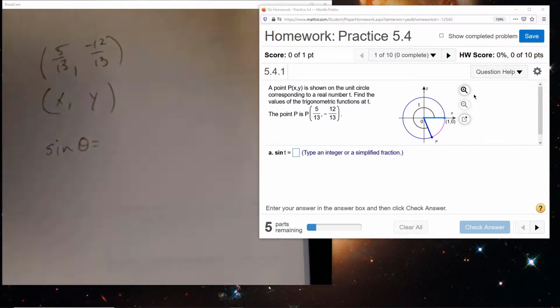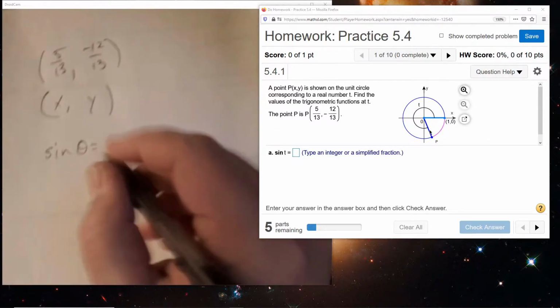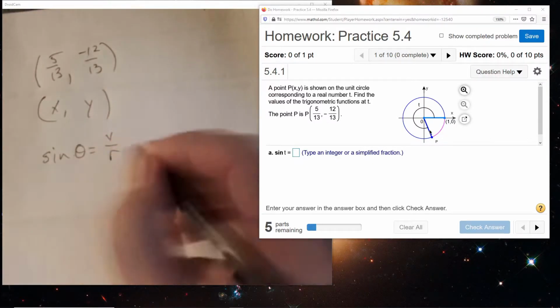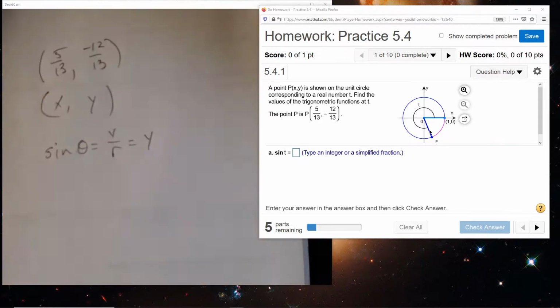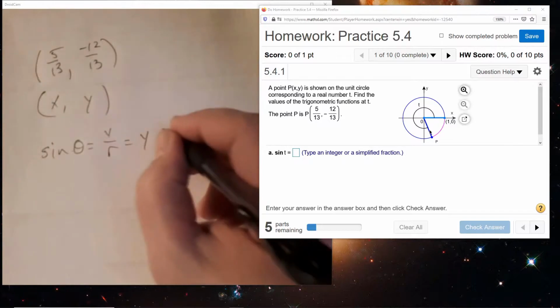Now, again, if you look at the picture here, they're telling us that the initial leg is going to 1. So this is a radius 1 unit circle. So instead of dealing with y over r for sine, we're just dealing with y because r is 1. And so we can just immediately identify that.